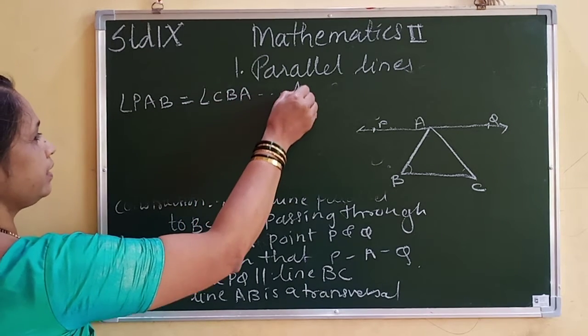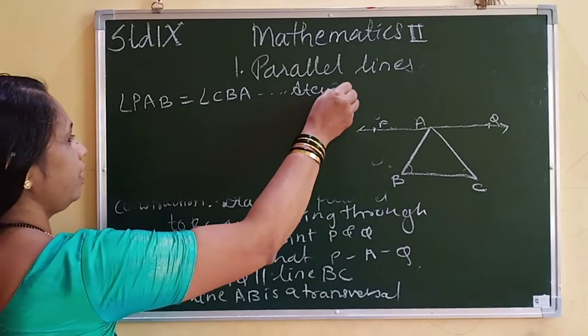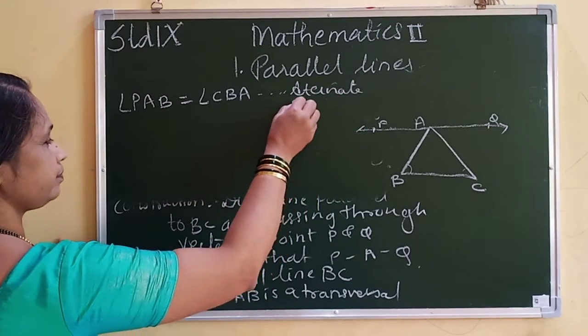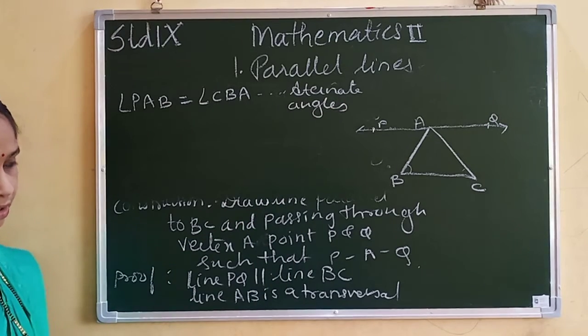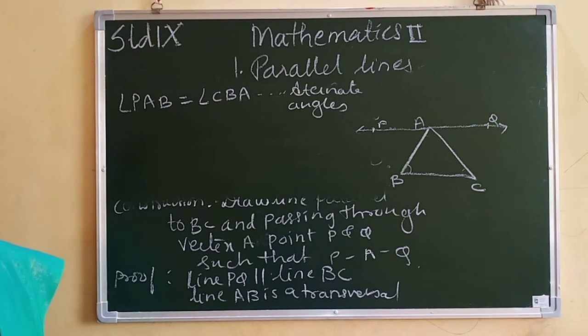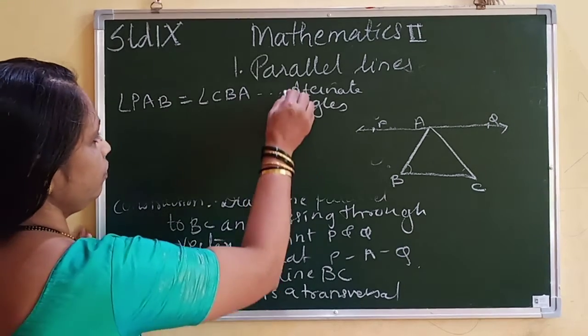These are alternate angles. Now this we will name as 1.